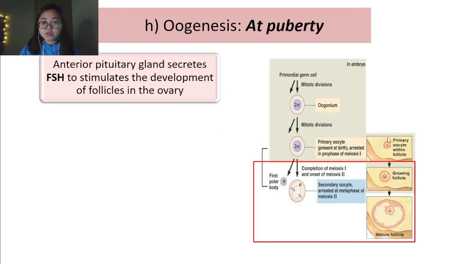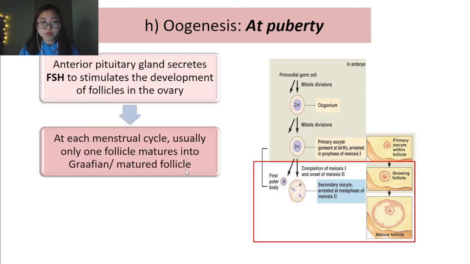So, salah satu daripada primary oocyte dengan follicle ini, salah satu biji dia punya follicle akan membesar. It will grow. So, at each menstrual cycle, usually only one follicle will mature into a Graafian or matured follicle. Dia terima sejak FSH, satu biji sajalah.